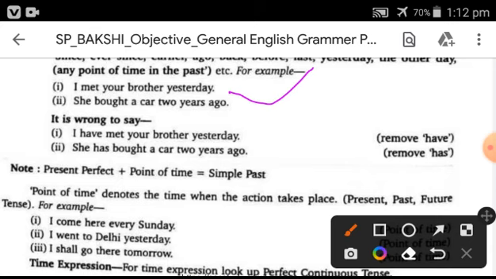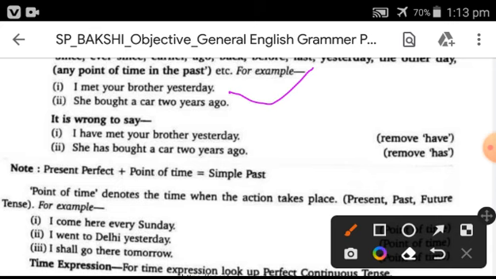She bought a car for 2 years; with for 2 years we have to use has, and that is present perfect tense. But when ago is used, we have to use past indefinite tense, because ago is another adverb which shows past time, not present time.